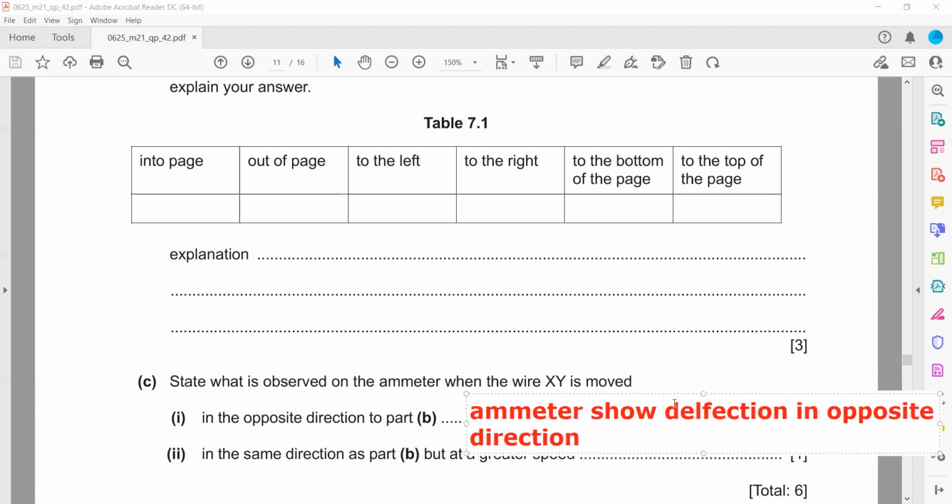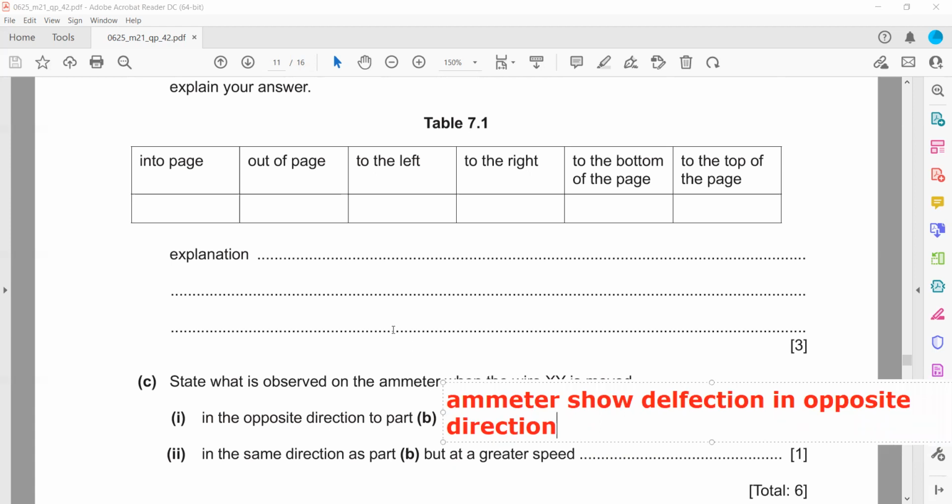The needle of the ammeter shows the deflection, but that deflection will not be in the same direction, it will be opposite.